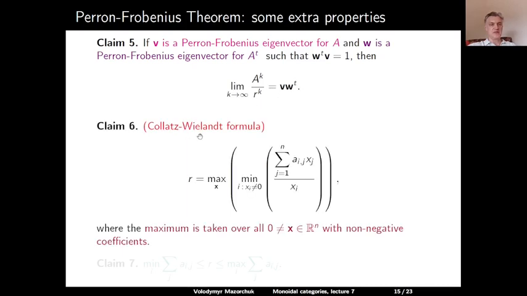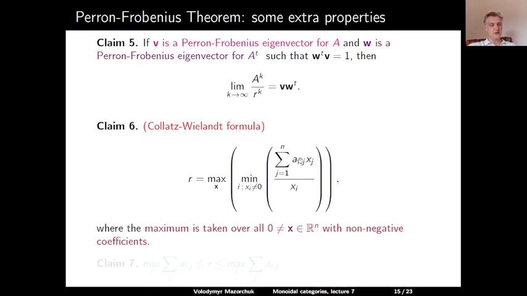which is called the Collatz-Wielandt formula, the Perron-Frobenius eigenvalue R is equal to the maximum taken over all non-zero vectors x in R^n with non-negative coefficients, and we take this maximum over the following expression: the minimum over all i for which x_i is non-zero, and then we take the sum over all j from 1 to n, a_ij x_j, and we divide it by x_i.